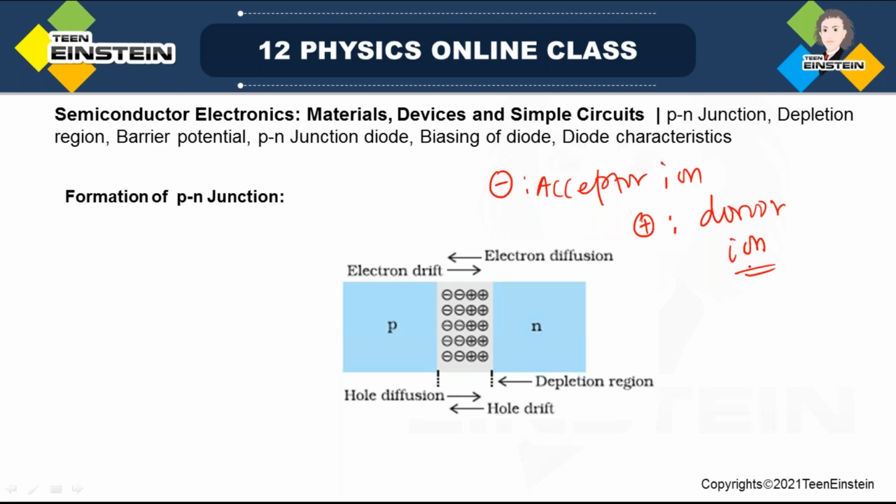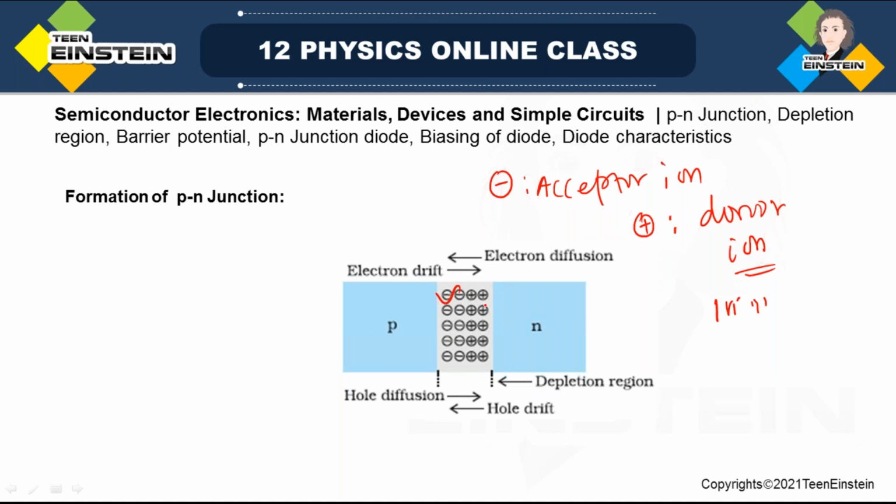So these positive and negative charges are actually immobile. They are heavy, bulky in nature, so immobile. Okay, cannot move. Since these are just sitting in space, they are also called space charges.